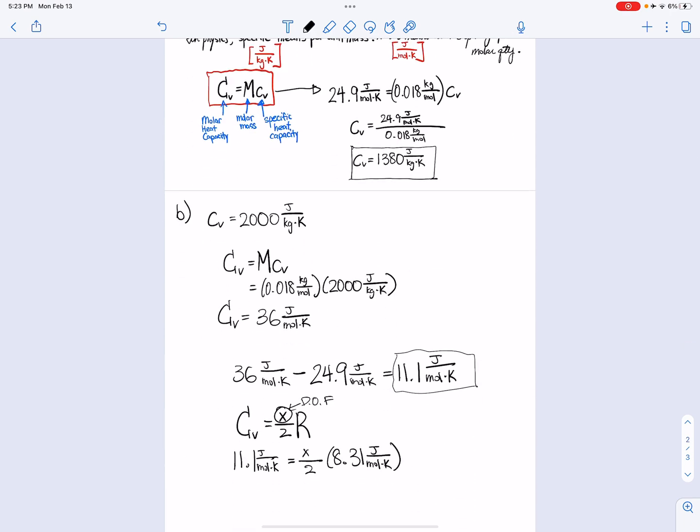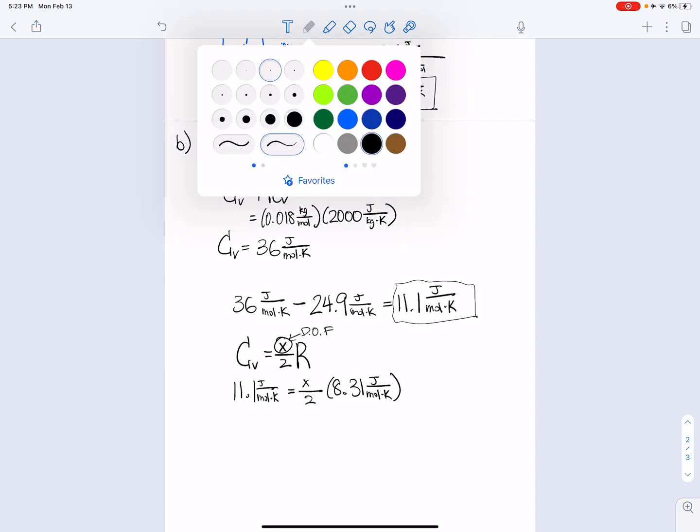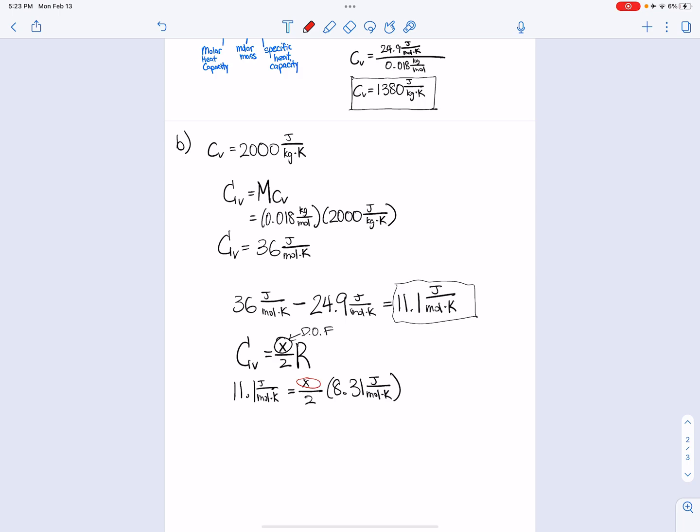Solving for x, I would get x is equal to 2.7.